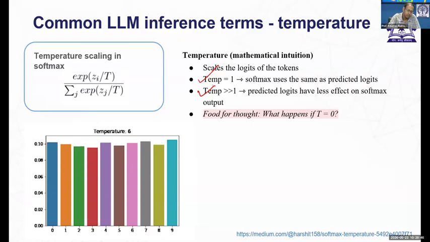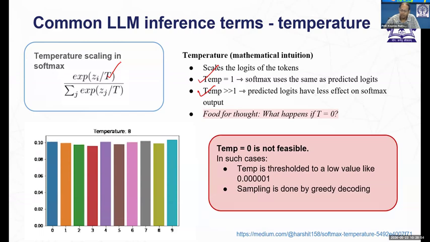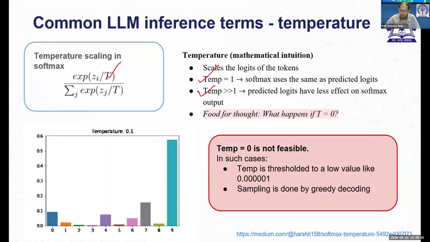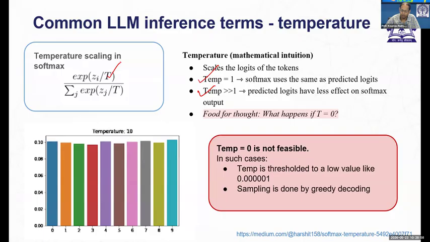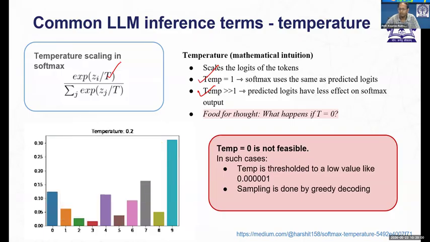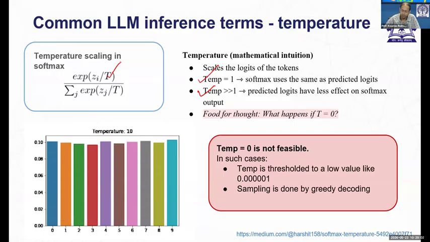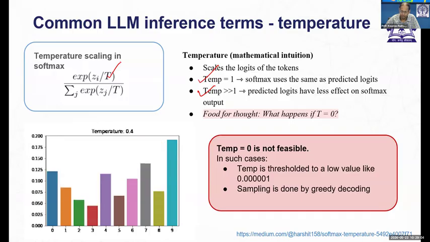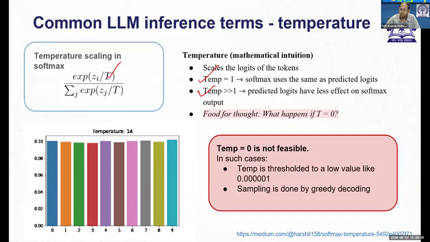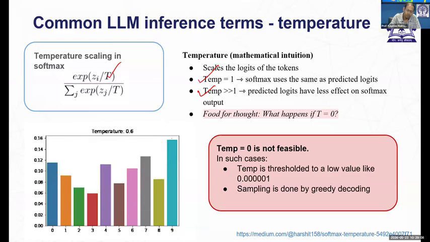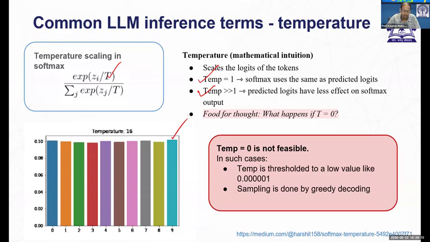So if someone says, I want to set T equal to 0, obviously due to the divide by 0 problem, we cannot make T equal to 0. So in that case, what can be done? You can add a small value like 0.00001 so that you do not have the divide by 0 problem. And if you reduce the temperature to that extent, then you are doing greedy decoding. Greedy decoding means you are pointing to a particular token and others will not come.